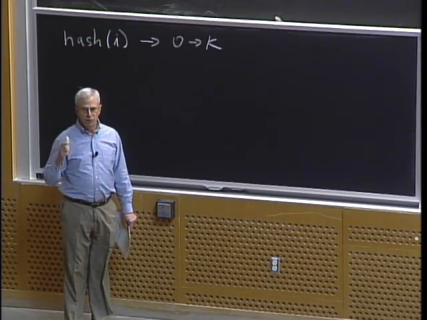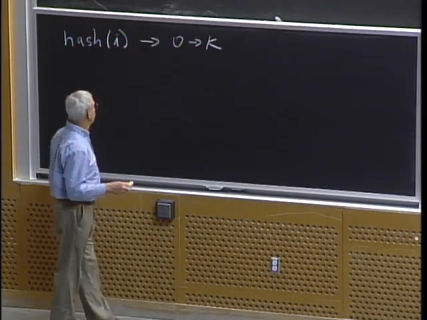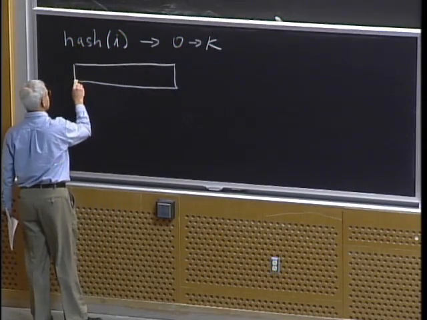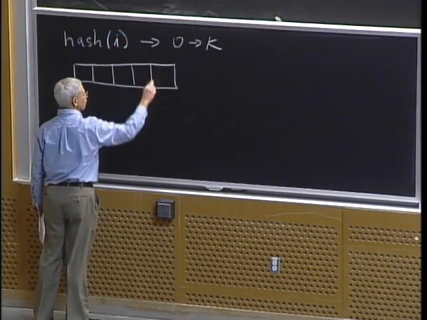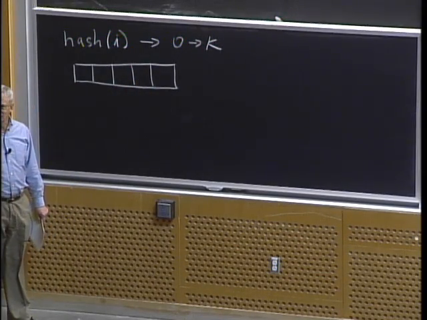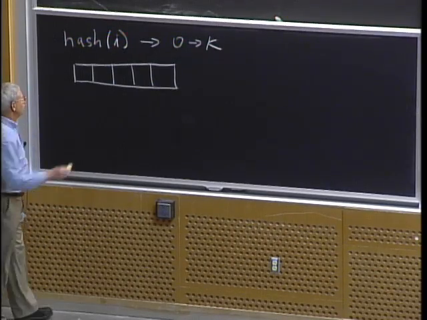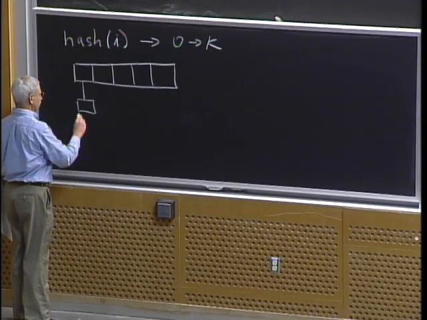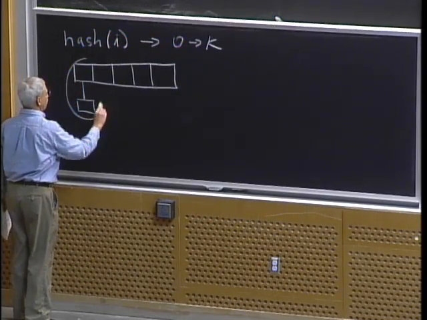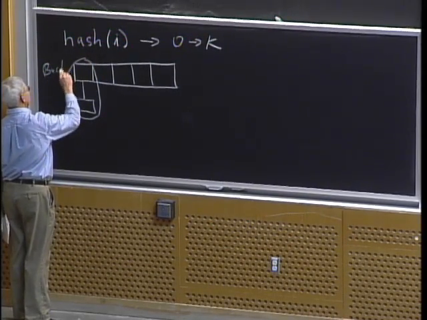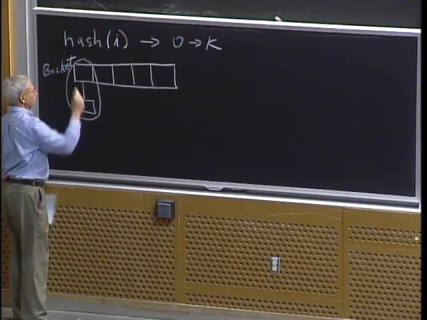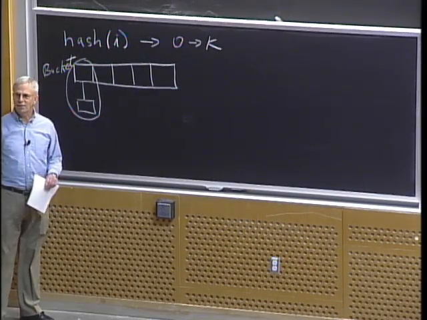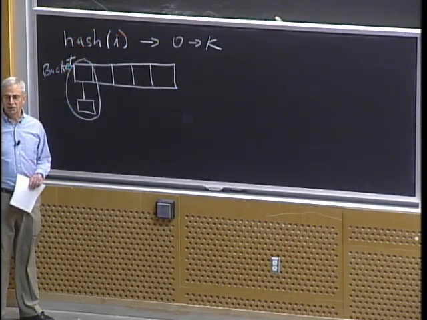We're going to then use this integer to index into a list of lists. So each of these is called a bucket, and a bucket will itself be a list. We've already seen that we can find the ith element of a list in constant time.